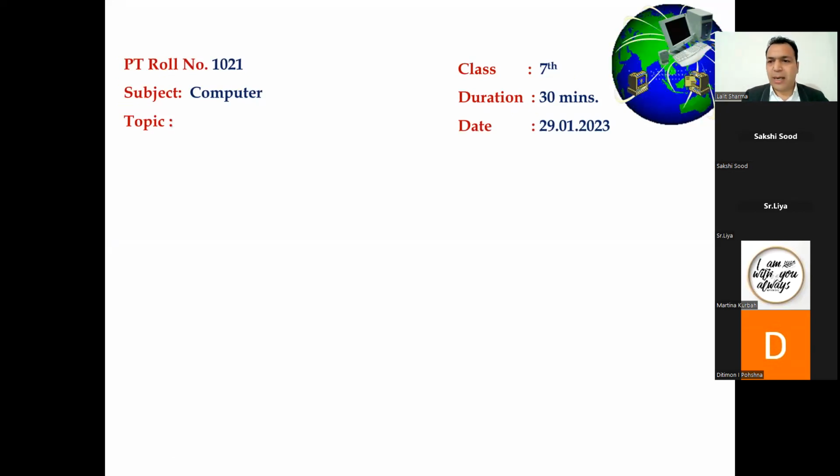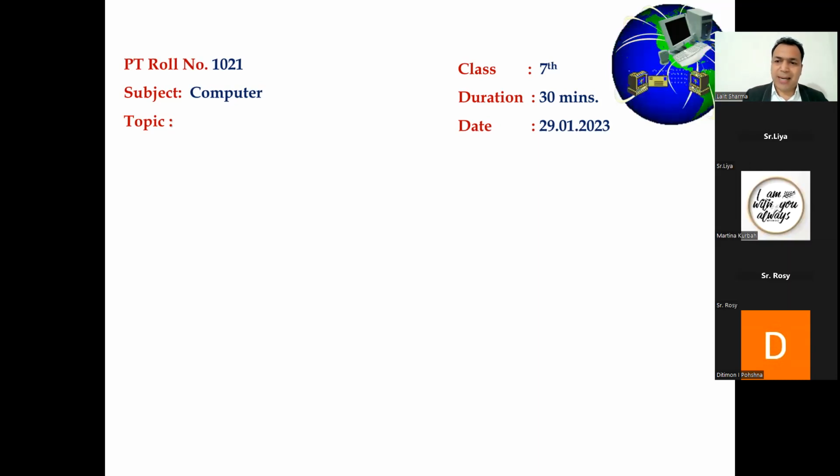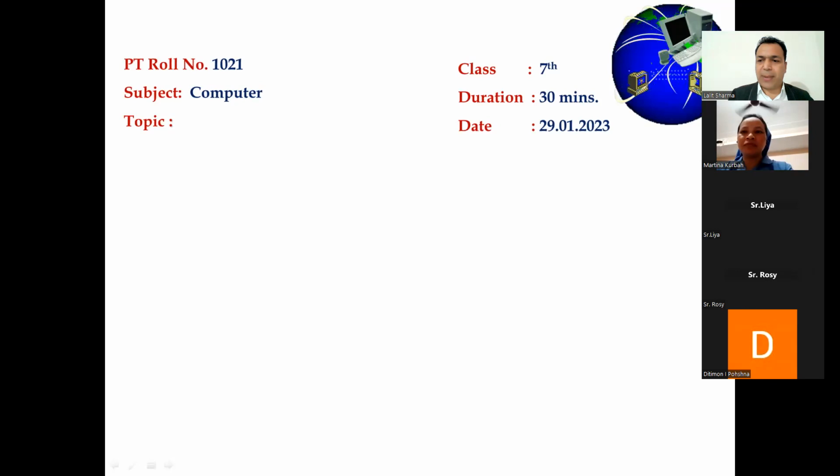All of you, have you unmuted, guys? Once again, Sakshi, please unmute yourself. Martina, you are also muted. Please turn your audio on, all of you. Ditimon, there is a lot of disturbance coming from your side.